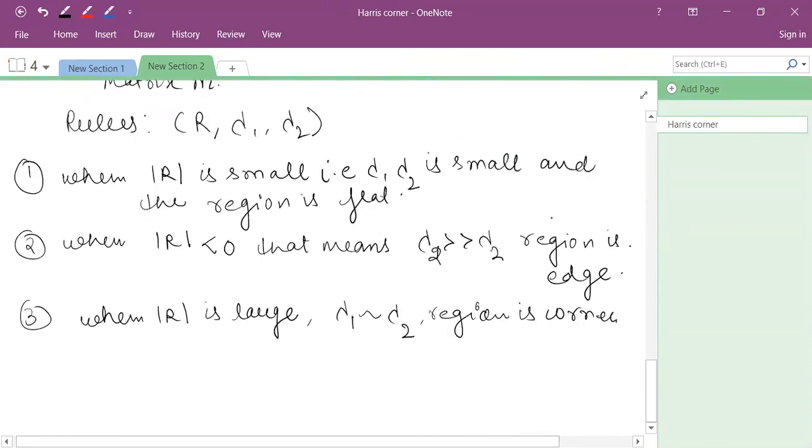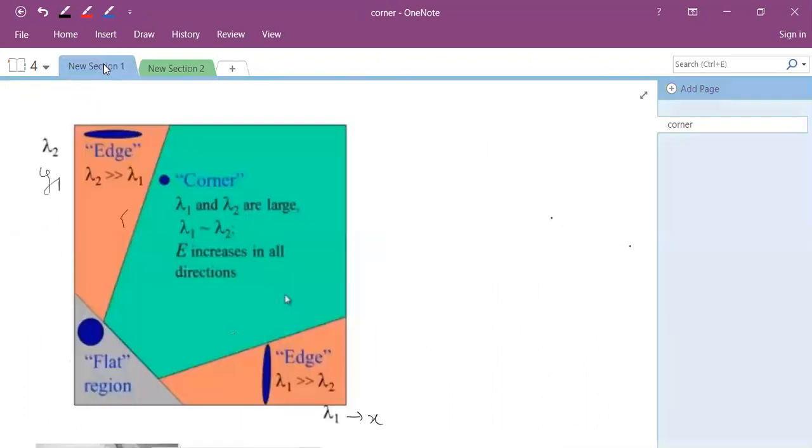It should be lambda 2 and it should be lambda 1. So when your lambda 2 value is far greater than lambda 1, it is an edge. If the values are similar, it is called a corner. Both conditions are true, so I will modify it. And there is a flat region when the lambda 1 and lambda 2 values are both small.